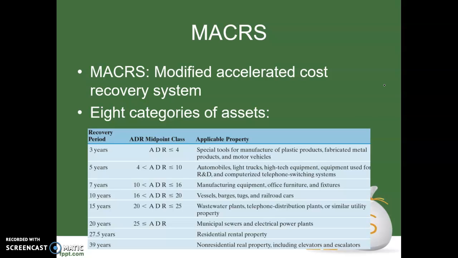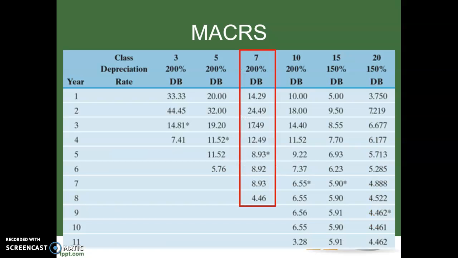A lot of what we are going to be looking at is manufacturing equipment, which falls into the category of a 7-year asset. And if you have a 7-year asset, you would use this column of the MACRS table.